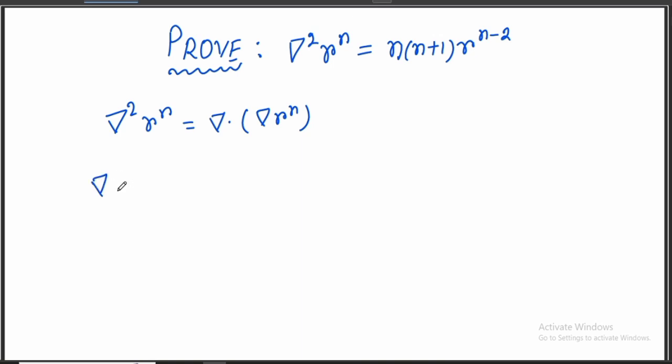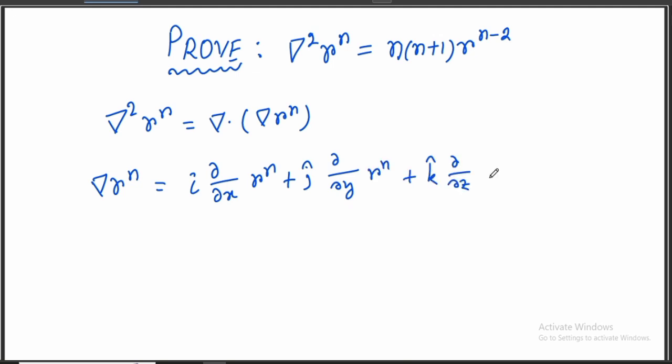Now grad r to the power n can be written as i cap del x r to the power n plus j cap del y r to the power n plus k cap del z r to the power n.